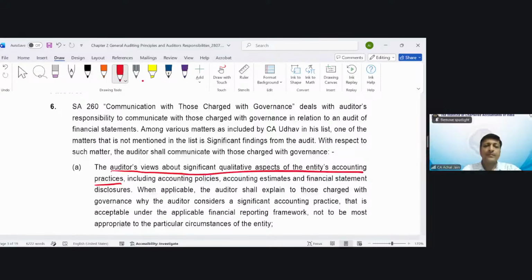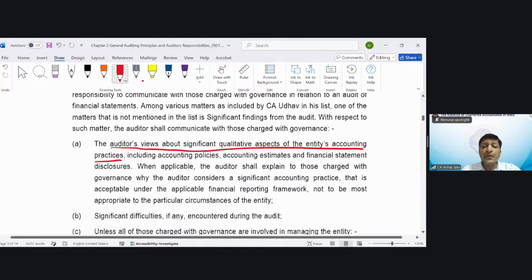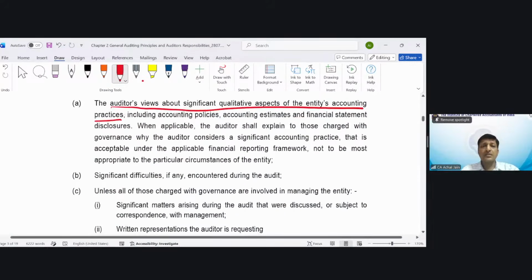When applicable, the auditor shall explain to TCWG why the auditor considers a significant accounting practice that is acceptable under the applicable financial reporting framework not to be the most appropriate to the particular circumstances.